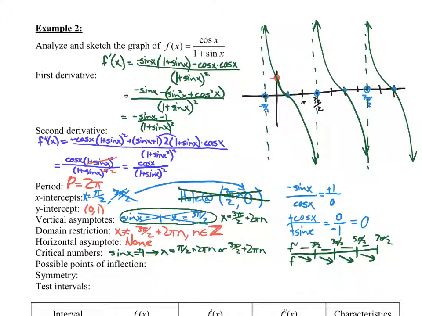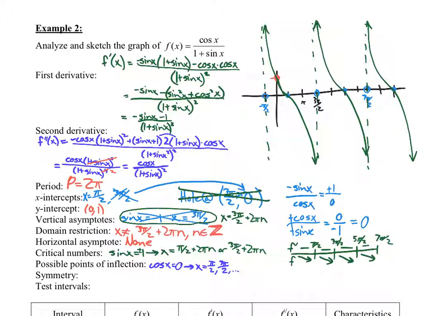So now, possible points of inflection. Where are those going to occur? Those are going to occur when either the second derivative equals 0, which would be when cosine is 0, which takes place when x is pi over 2, 3 pi over 2, and so on. Okay? Both of those plus 2 pi n.